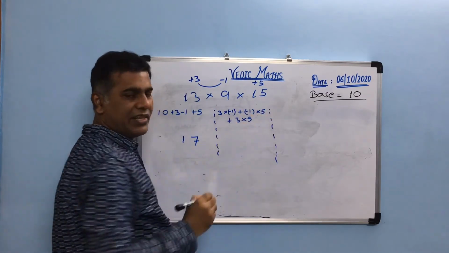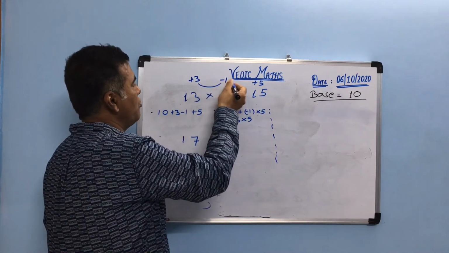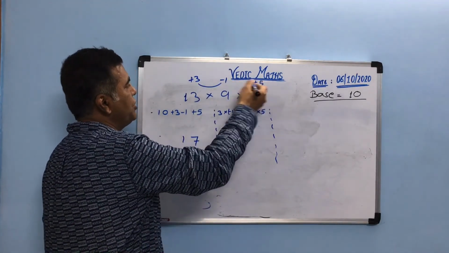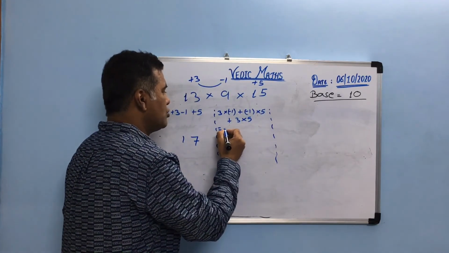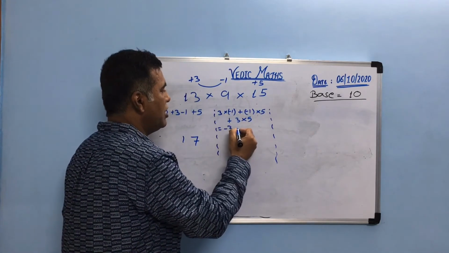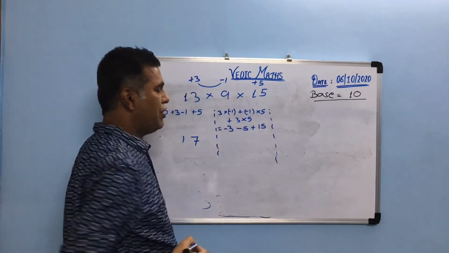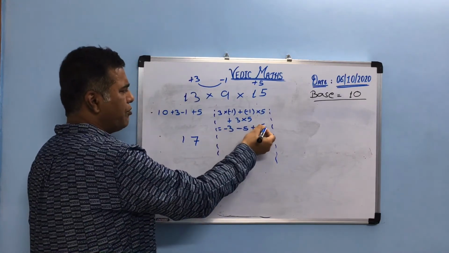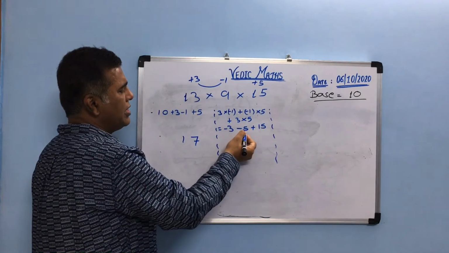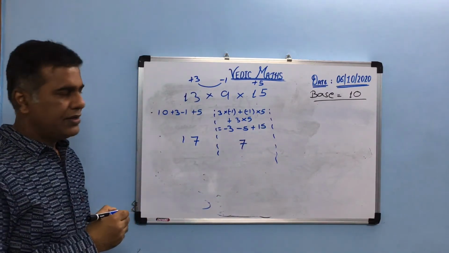No need of writing this, this is for your understanding. Otherwise simply I can do 3 into minus 1, minus 3, and here it is minus 5 and 15. So I am getting minus 3, minus 5, and 3 into 5 is 15. How much are we getting? 15 minus 5 is 10. 10 minus 3 is 7. So here I am getting only 7.